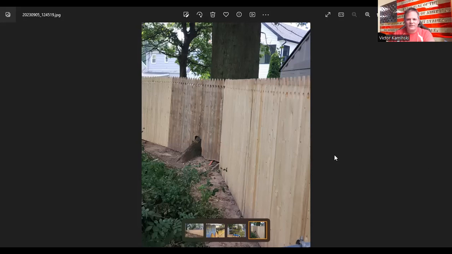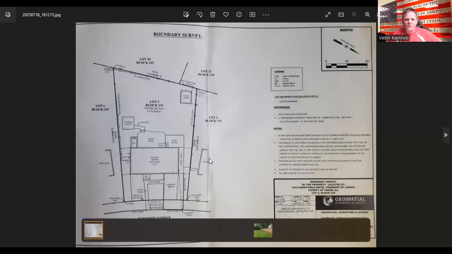All right, let me pull up a better view of this. I gotta open it up again in a different way. So here's a picture of the survey that I got for my property.